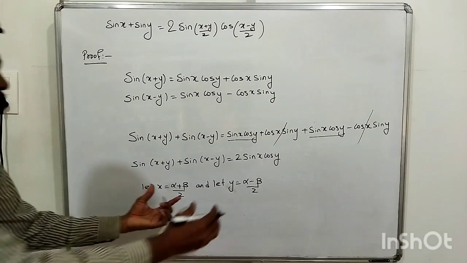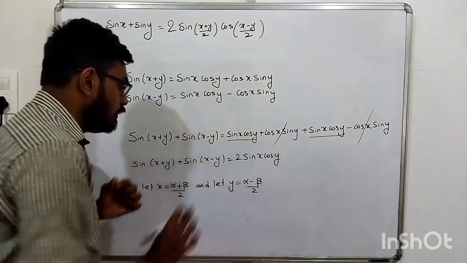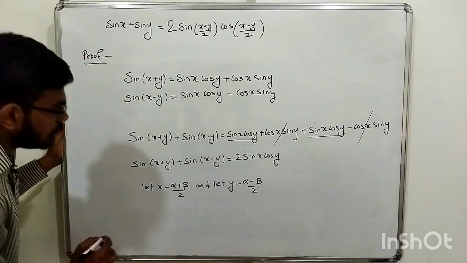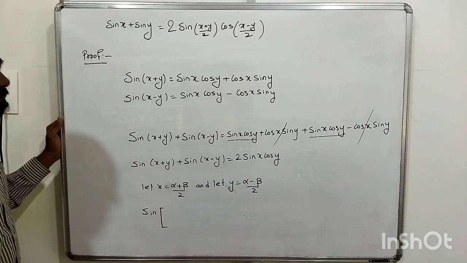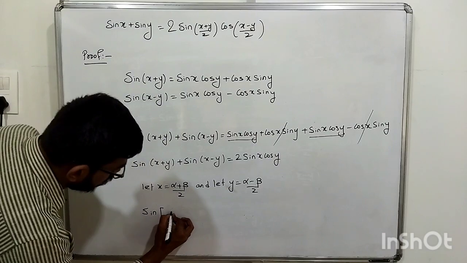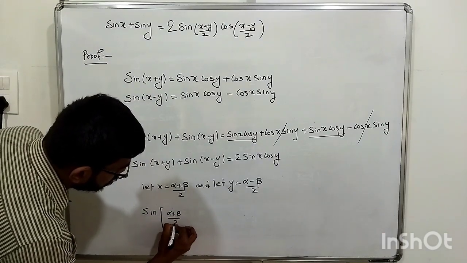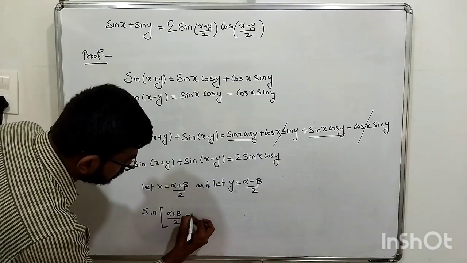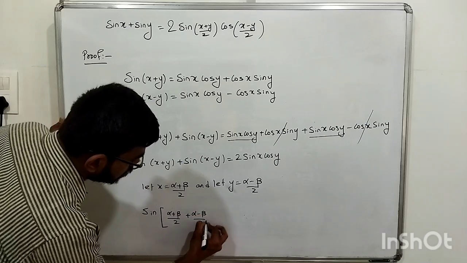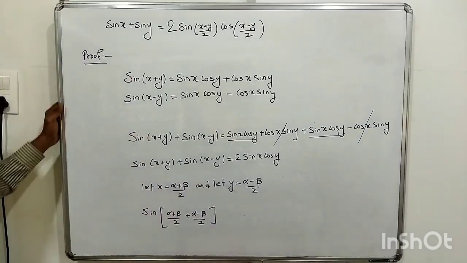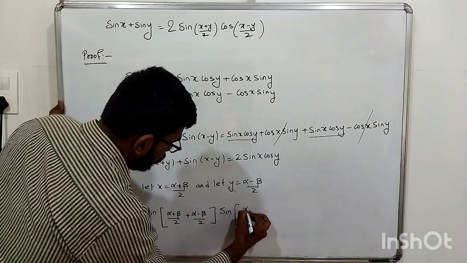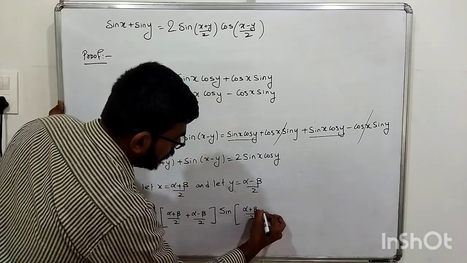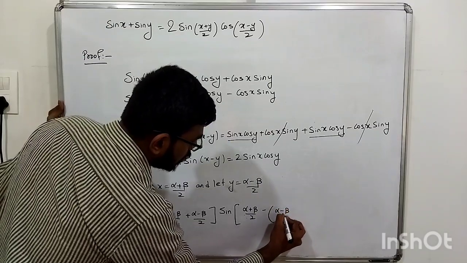Okay, so these two I'll substitute everywhere now. So this will become what? Sin of, in place of x, alpha plus beta upon 2, and in place of y, alpha minus beta upon 2, plus, in the middle, sin of alpha plus beta upon 2 minus alpha minus beta upon 2.